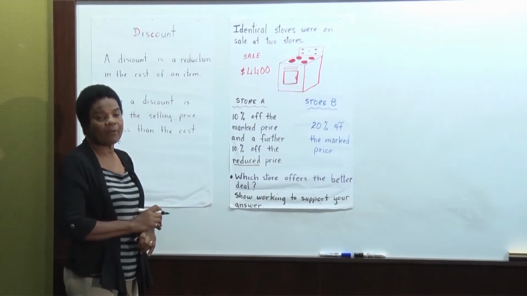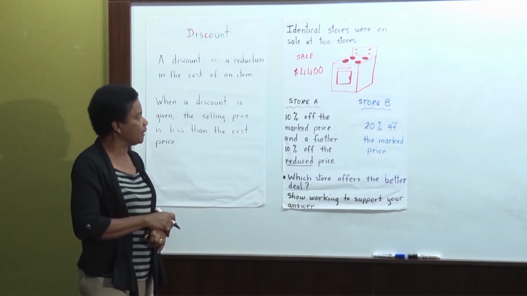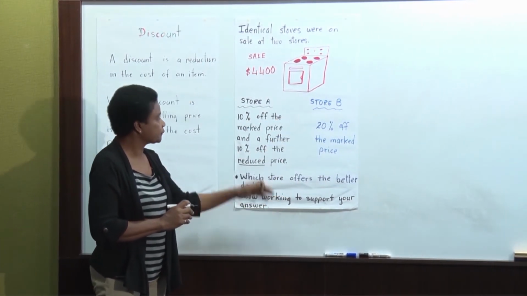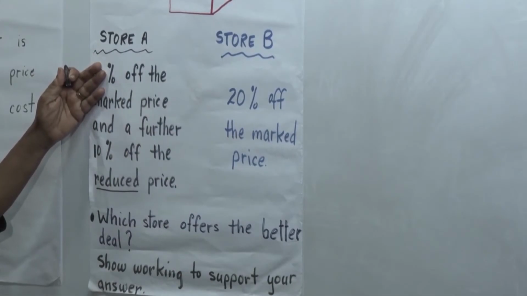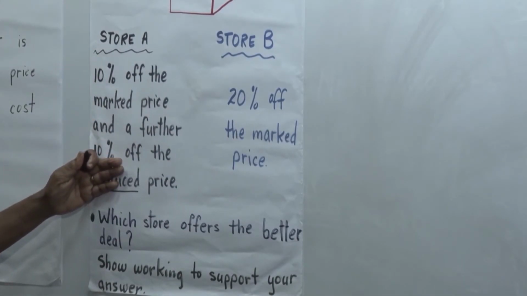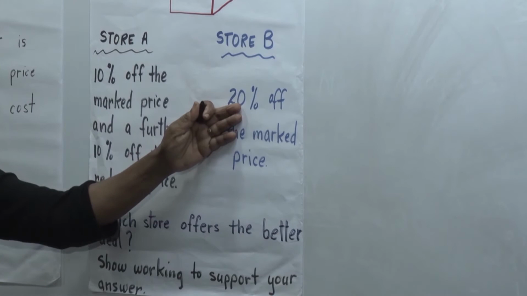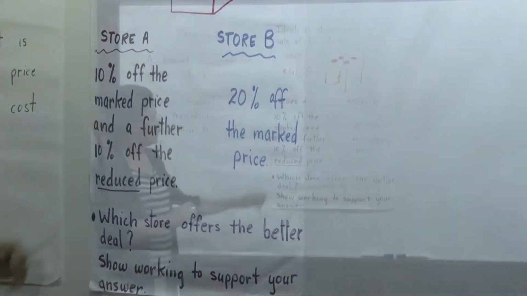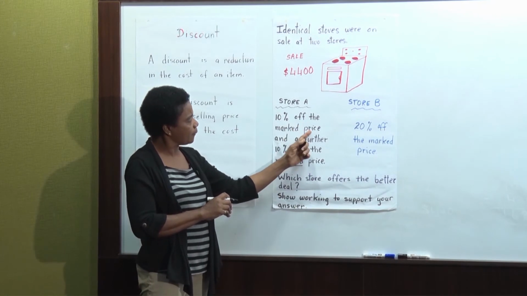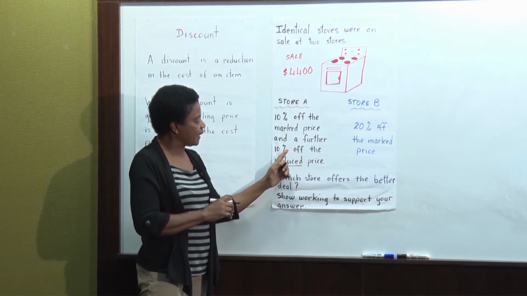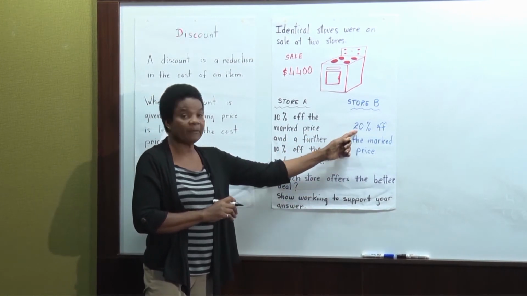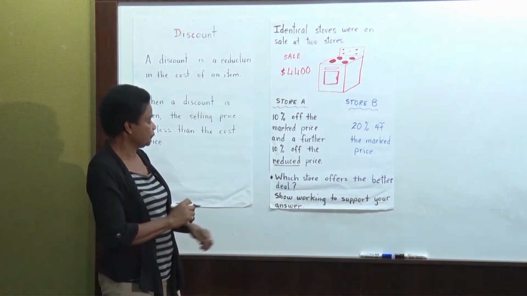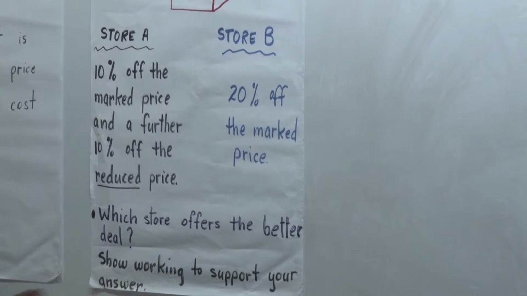Before we attempt the question, I want you to think and tell me which store you think offers a better deal. 10% off the marked price and a further 10% off, or 20% off? In fact, try to answer the question. Is 10% off the marked price and a further 10% off the same as 20% off? We're going to find out. Show working to support your answer.